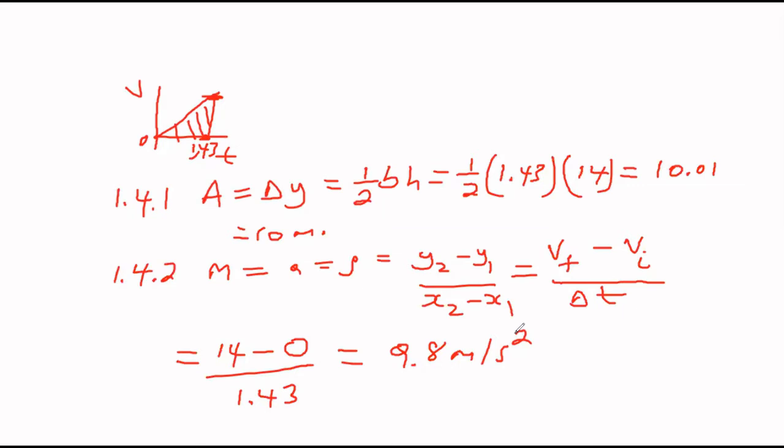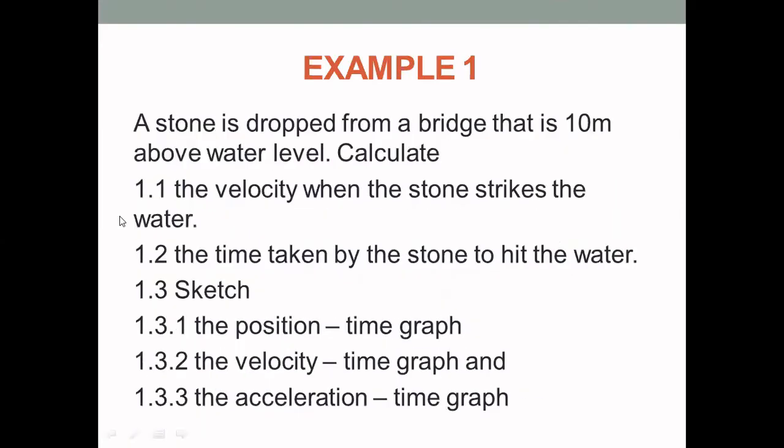Okay, question 1.5. Use the graph in question 1.3.3 to show that the velocity of the stone when it hits the ground is the same as the value calculated in question 1.1. Okay, let's check. What did you calculate in question 1.1? Okay, it is the same as the velocity.